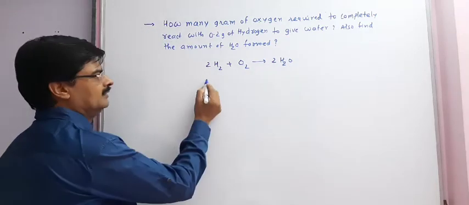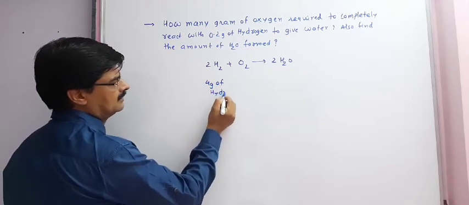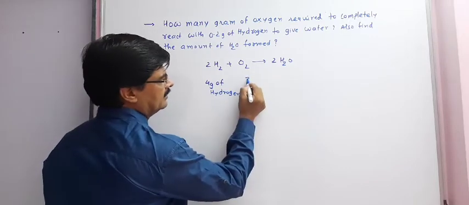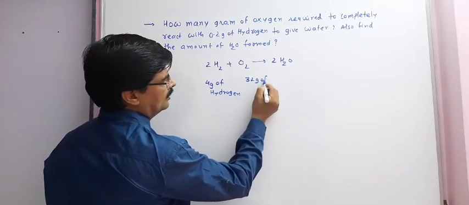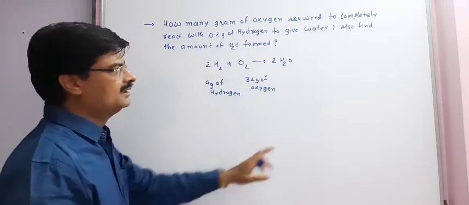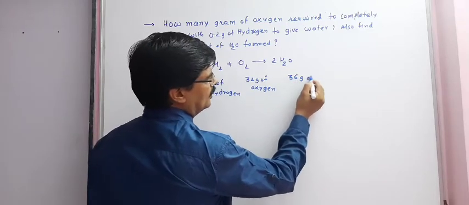So we can say 4 gram of hydrogen and 32 gram of oxygen give 18 into 2, 36 gram of water.